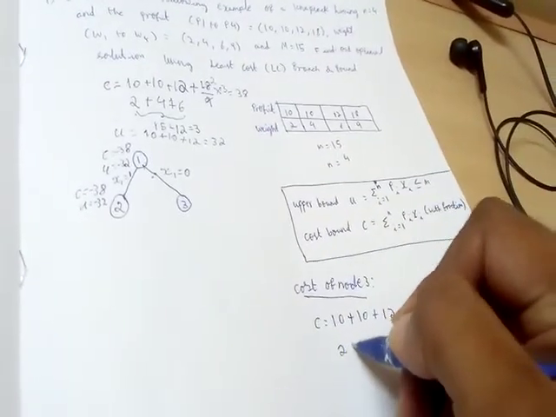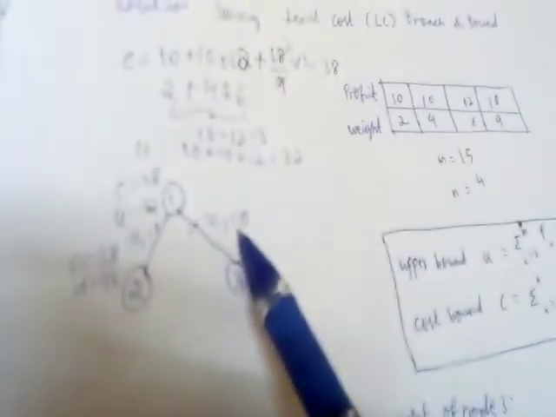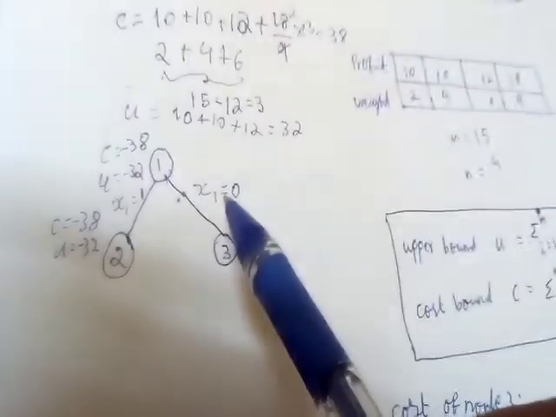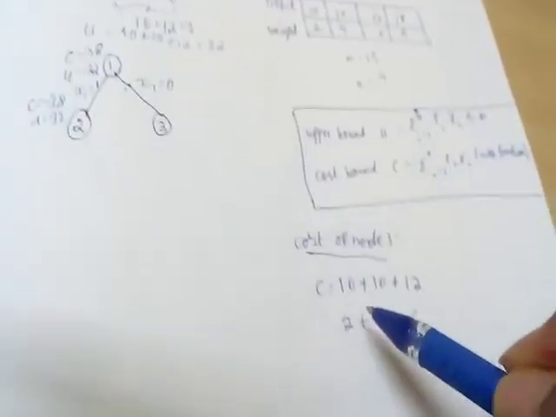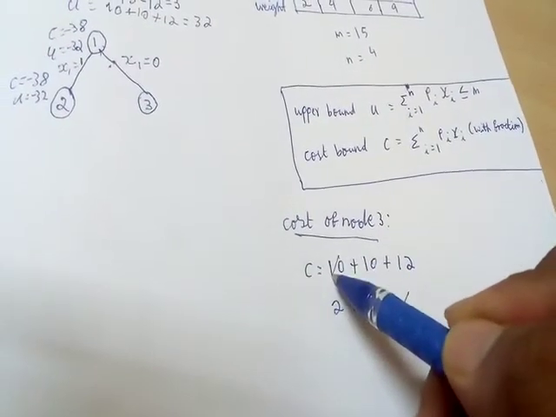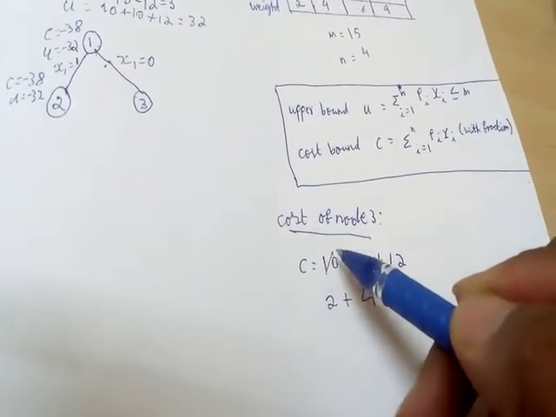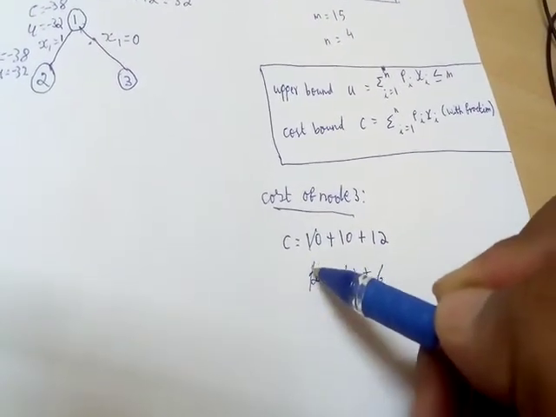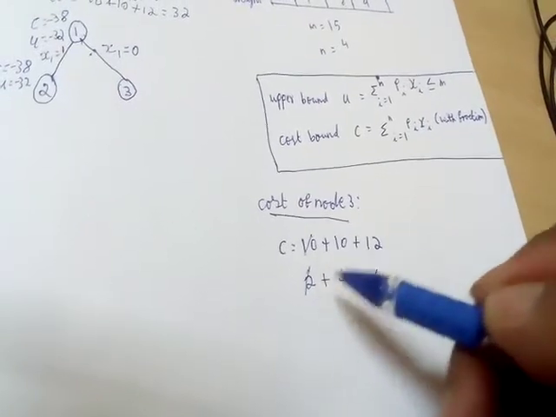So I will write its associated weight. I have to consider a scenario where the first item is not inserted, which is represented by x1 is equal to 0. So here, as you can see, the first item has not been considered. So the first item's profit as well as the first item's weight, I will ignore.